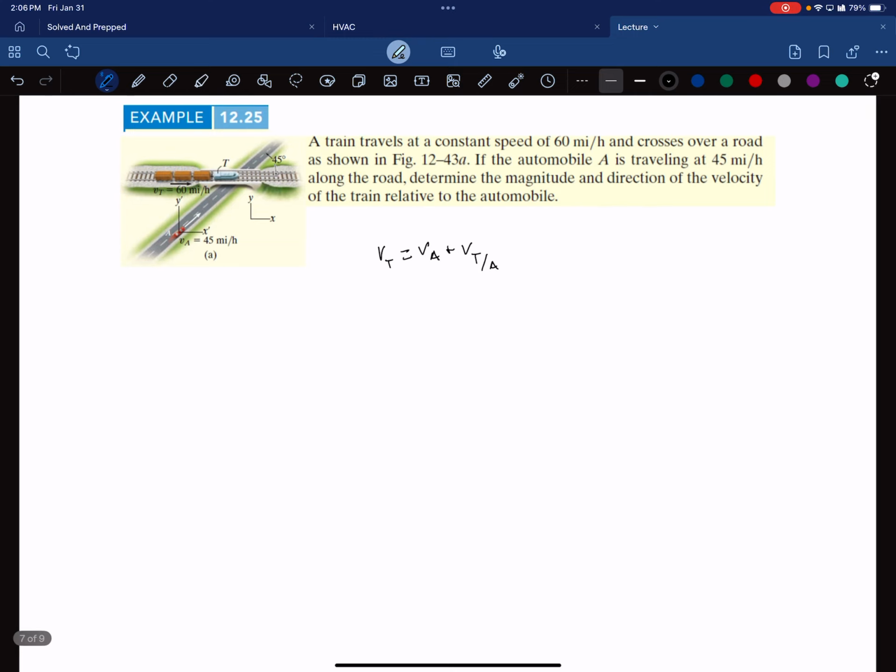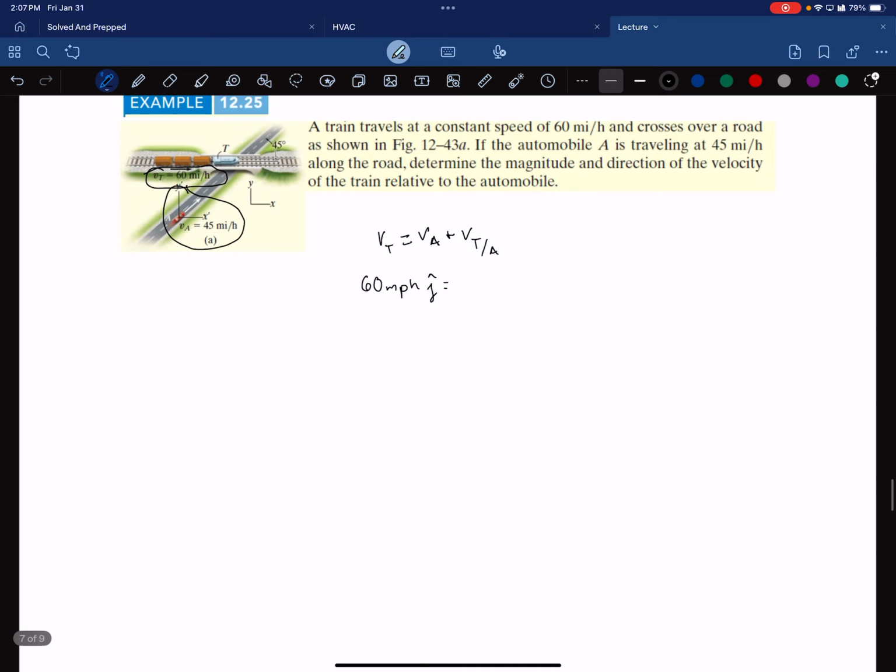So we know that the train is traveling only in the x direction. Kind of hard to see, but it is labeled on the picture. So we have 60 miles per hour j hat, and that's going to be equal to the components in the x and y direction of the car, and this one's labeled pretty clearly. We have a 45-degree angle, and we're traveling at 45 miles per hour along that angle.